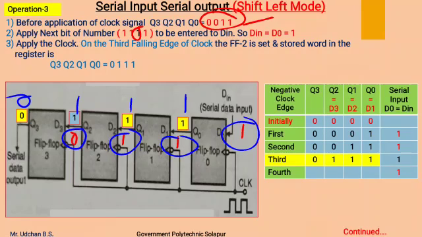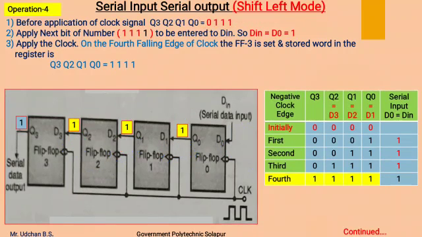So after third negative edge of the clock, we will get output as 0111, which is shown over here. Means what will happen over here is that this one will come to the Q0 position, this one will shift, this one will shift, and this 0 will shift in the left direction.